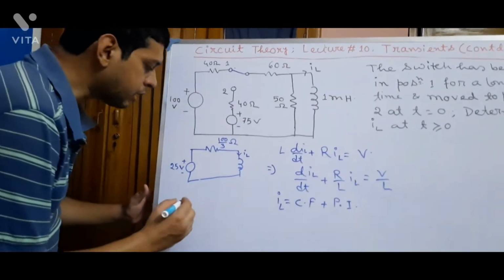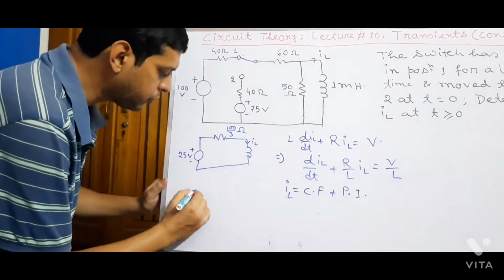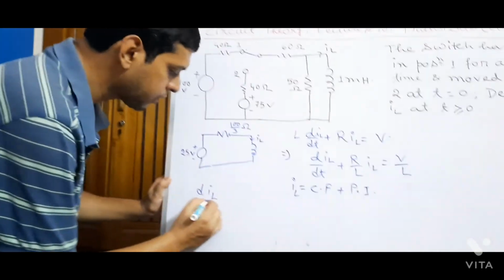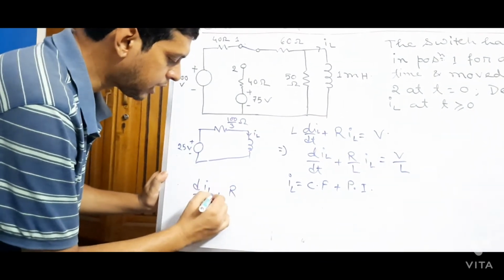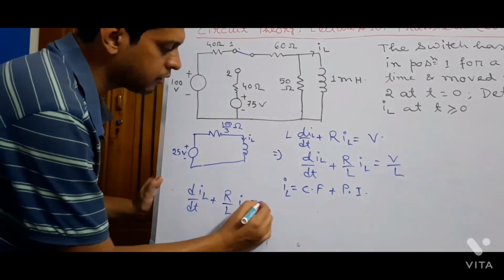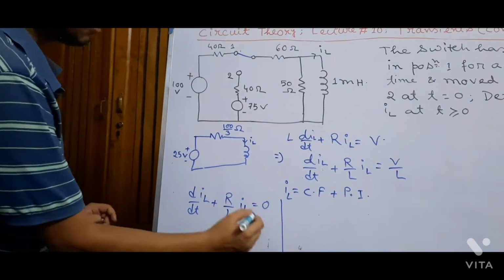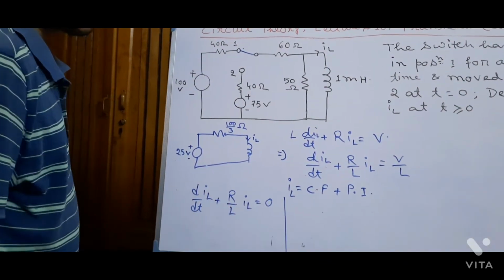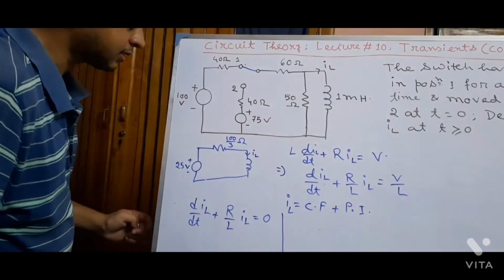In order to get the CF, we have to solve dIL/dt plus R by L IL equal to 0. This represents nothing but the natural response, or discharging equation, of the RL series circuit.